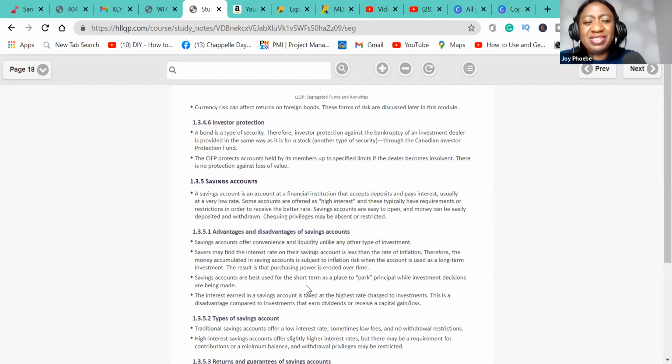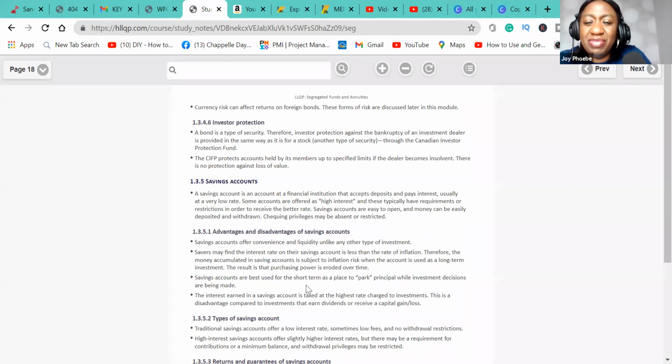A bond is a type of security. Therefore, investor protection against bankruptcy of an investment dealer is provided in the same way as for stocks and other types of security, through the Canadian Investor Protection Fund. The CIPF protects accounts held by members, up to a specific limit.